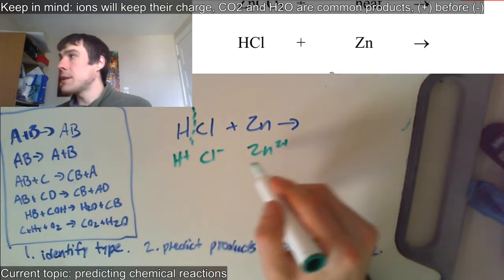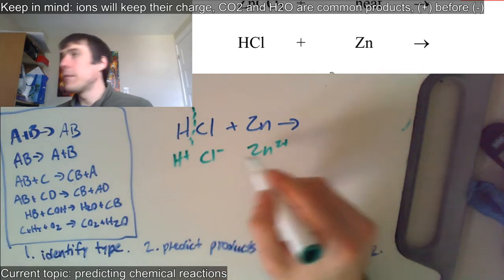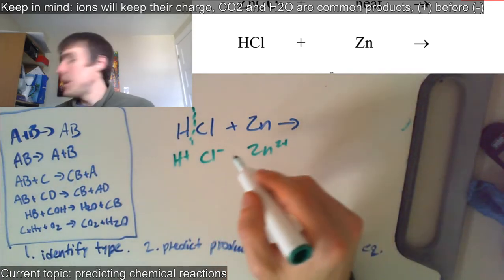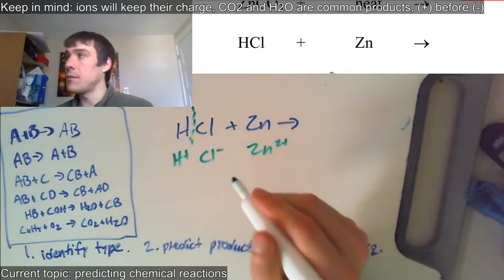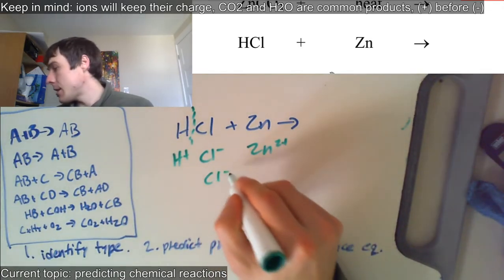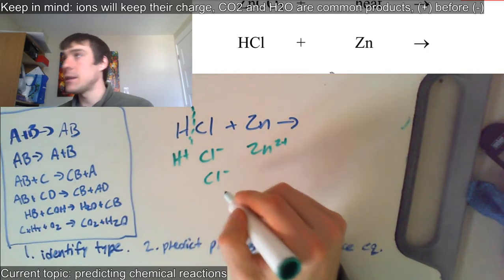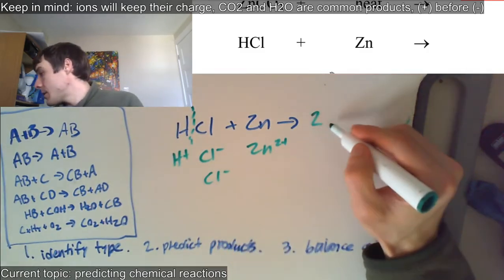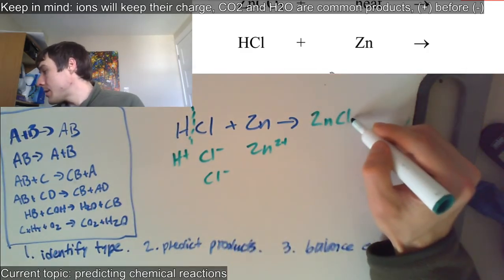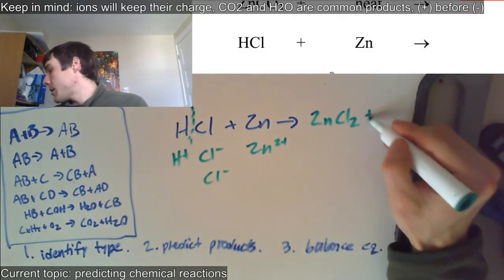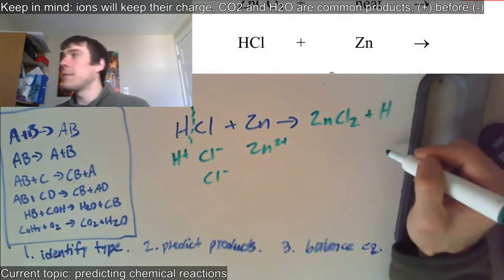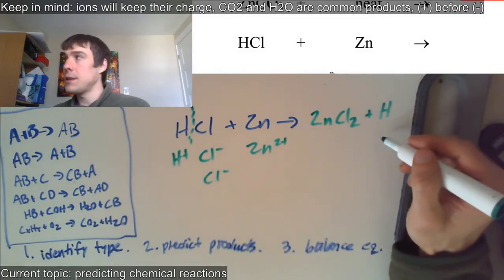So the zinc 2 plus is going to get with the Cl minus, which means we need to balance out the charges here, because it's a 2 plus and this is a minus, and we want it to be neutral. So we need a second Cl. So zinc is going to get with chlorine, make zinc chloride. There's zinc chloride. And then the hydrogen has to be by itself on this side, just the hydrogen by itself.